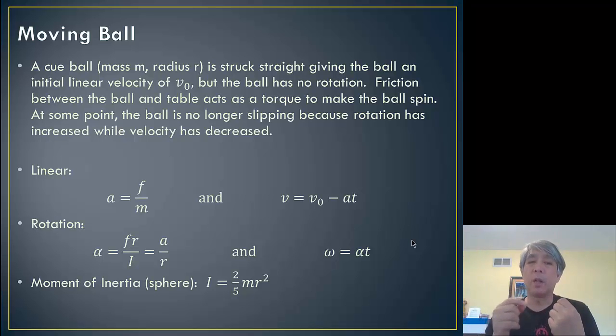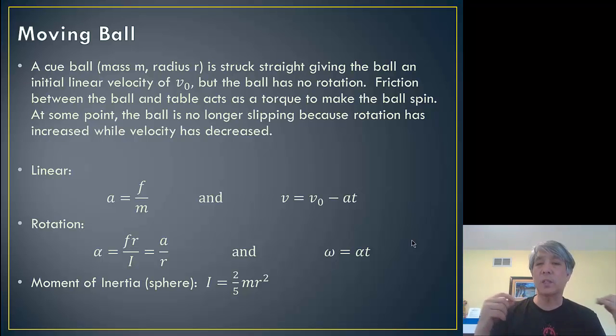At some point, the ball is no longer slipping because rotation has increased while its linear velocity has decreased. And so if we wanted to find what speed the ball would eventually have, this is how we would do it. We would set up the linear equation that says my acceleration is friction over the mass of the ball. And then my speed would be v equals v0 minus at.